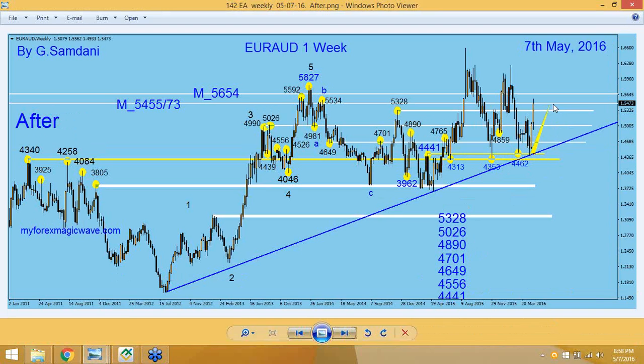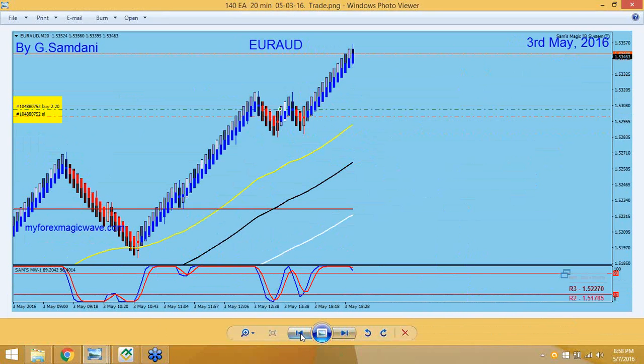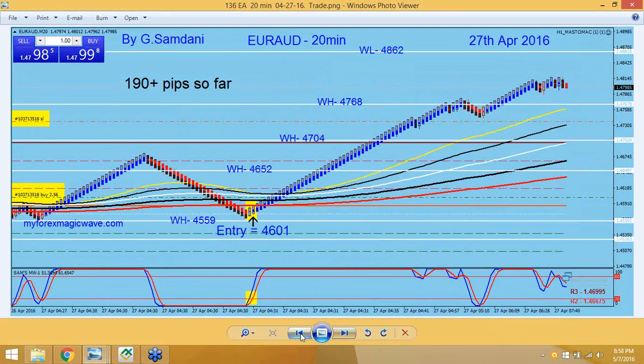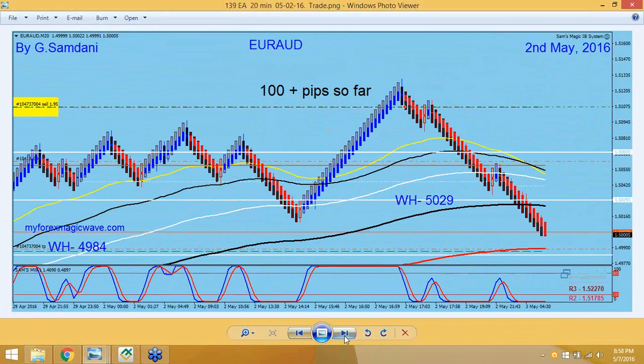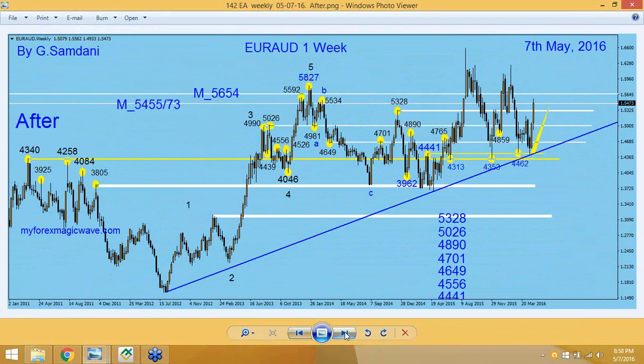What really happened? You can see here, we finished the week of the 7th May. Two weeks later, we are at that area, 53.28. And doing that, we went through all of those trades, right? So we went nice and clean to that area, 53.28 in Euro Aussie, knowing that the Aussie index was helping us, right?